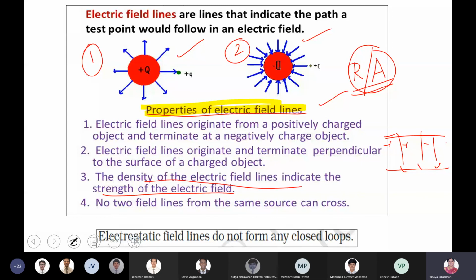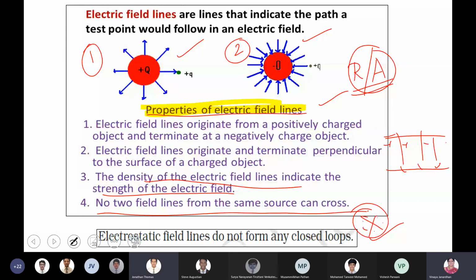And no two field lines from the same source can cross each other. And very important, electric field lines do not form any closed loops. Very, very important. Are the magnetic field lines forming a closed loop? I'm asking you.